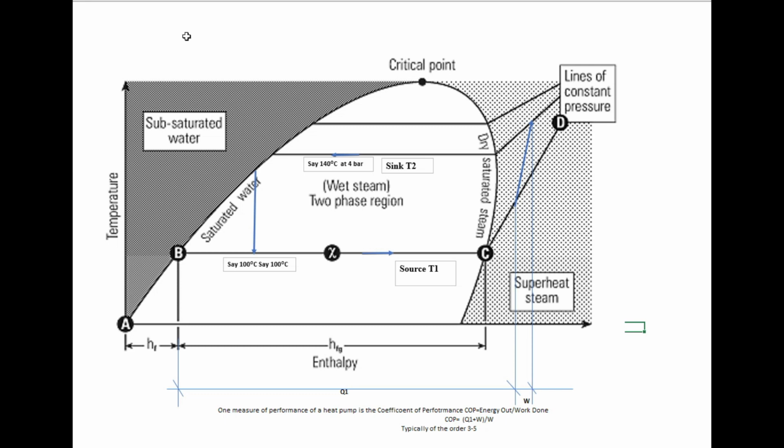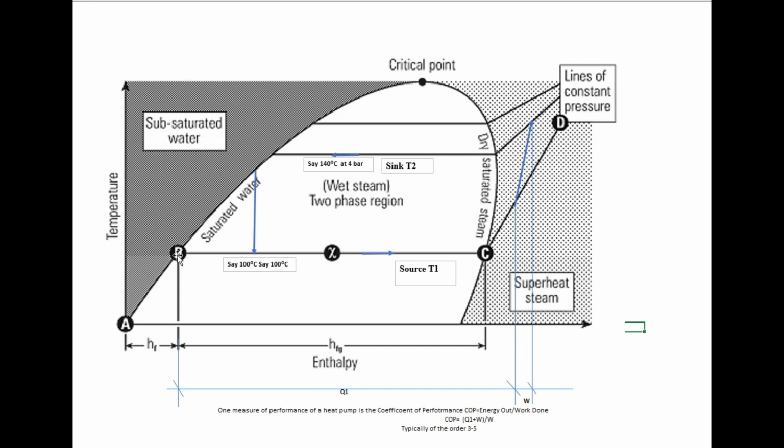So I've taken steam as a typical fluid. It's the easiest to understand, but all liquids that go into vapor phase are basically the same. I'll use this just to explain the principle. So basically I have the saturation line for water at different temperatures, and these are constant pressure lines.